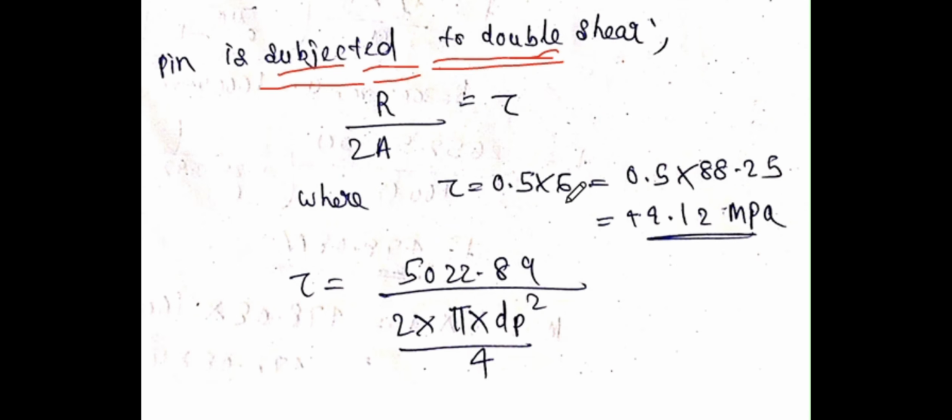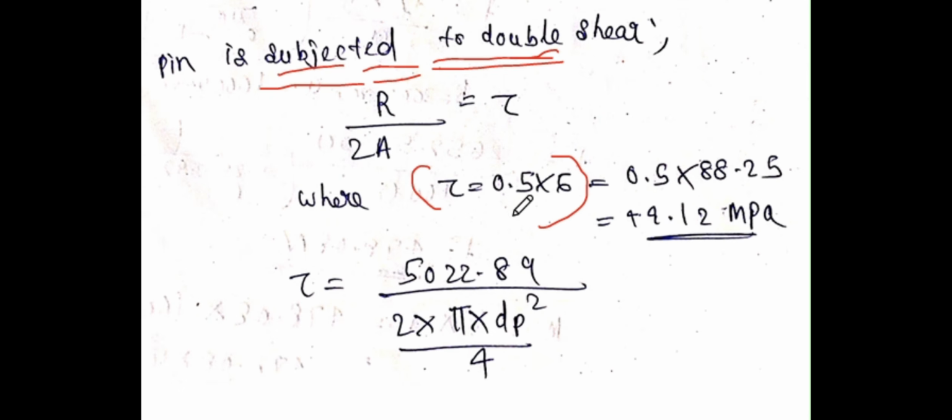All right, but we don't know the value of shear stress. We only know the value of normal stress. There's a relation between shear stress and normal stress. This equation is also to be learned by heart: shear stress will be 0.5 into sigma. You know the value of sigma. You already found that earlier.